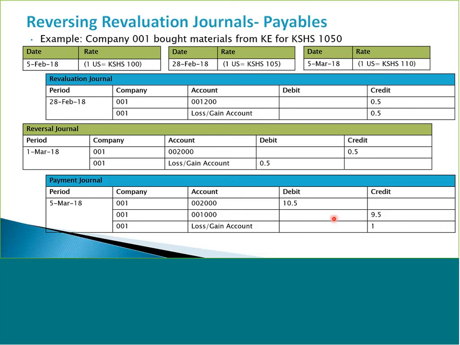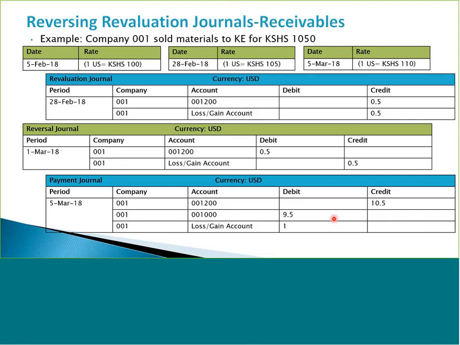And that is the case even when you shift to receivables. This is the original revaluation journal. At the opening of the next period, you reverse that. And then when the final payment has been received, you use the prevailing exchange rate, and you do a revaluation using that prevailing exchange rate.